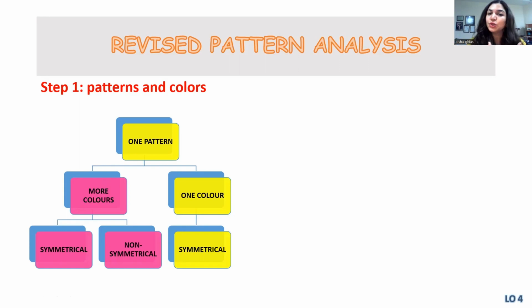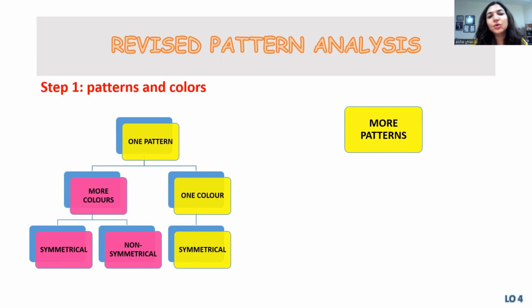And if they do not seem similar, then you say that the lesion is non-symmetrical. For example, if one side is more brown, the other side is more blue, you don't say the lesion is symmetrical, you say that it is asymmetrical. Okay, so you saw the patterns and then you saw the colors. So if there is one color, one pattern, the lesion is symmetrical. And if there are more colors, the lesion could be either symmetrical or non-symmetrical.